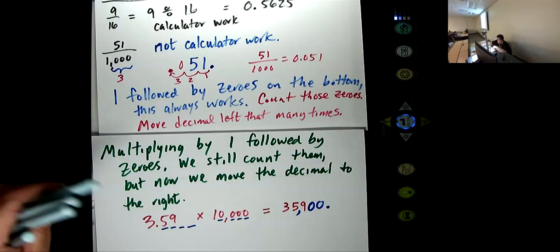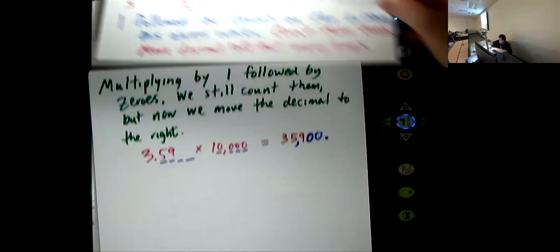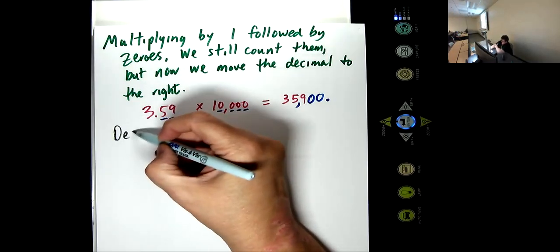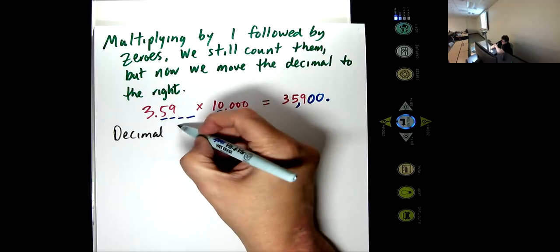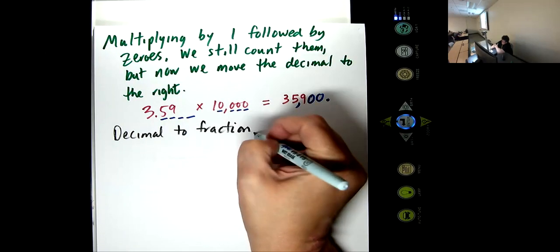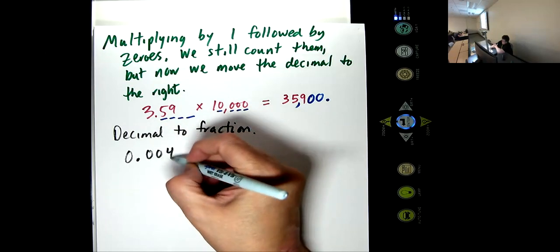This goes the other way. Going from decimal to fraction. Zero point 0042.